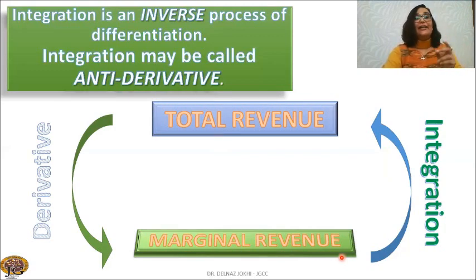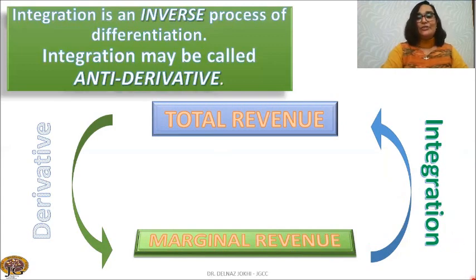Marginal revenue का data का function आपके पास है. How will you find total revenue then? Well, dear students, integration. Through the method of integration. If marginal revenue is given to you, by integrating it, you can find total revenue.